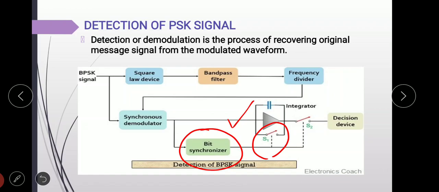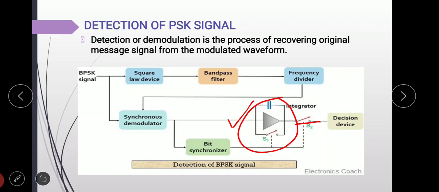After the completion of 1 bit, it opens S1, then closes this one. The output of this integrator is given to the decision device, which decides whether the transmitted symbol was 0 or 1. The synchronizer then opens switch S2 and again closes switch S1 temporarily.